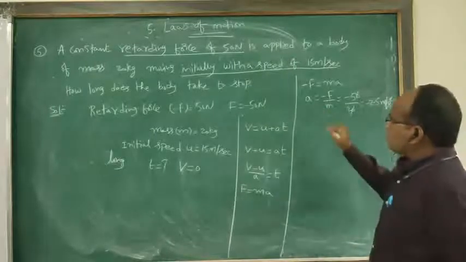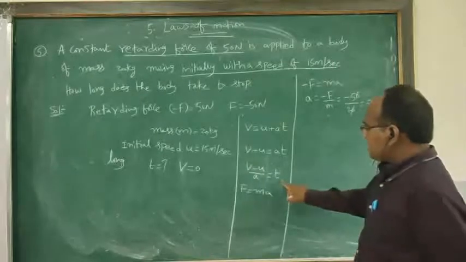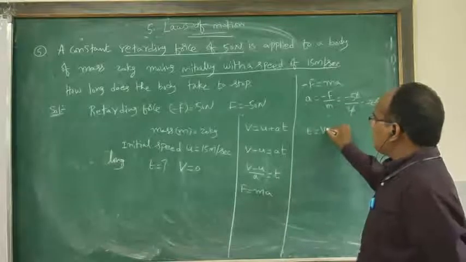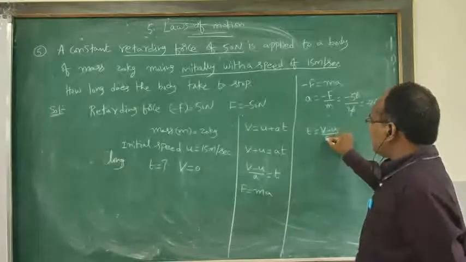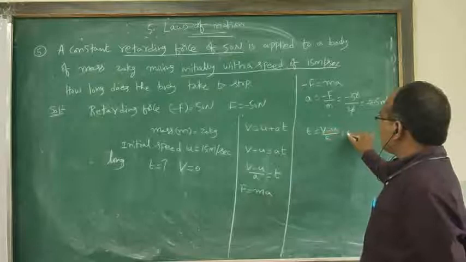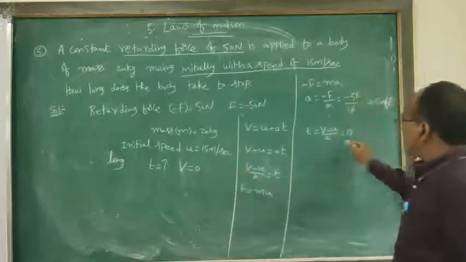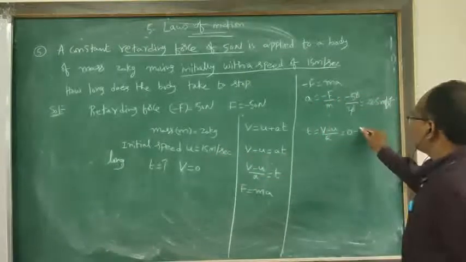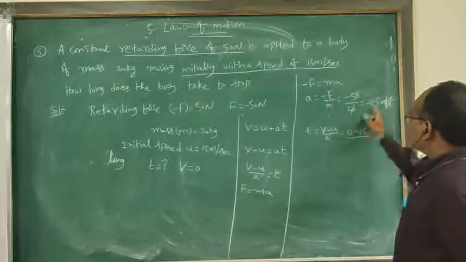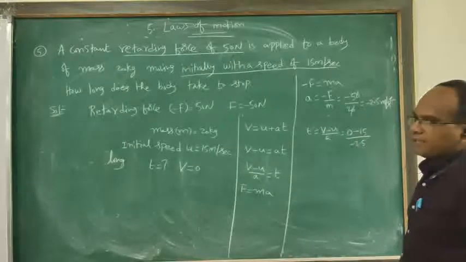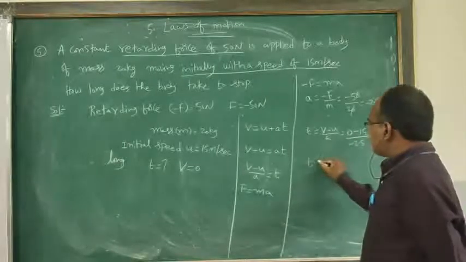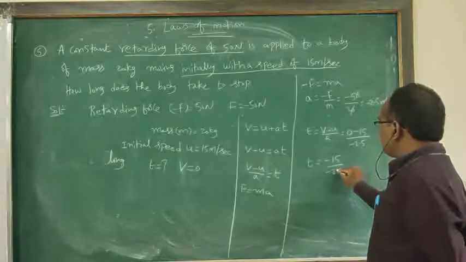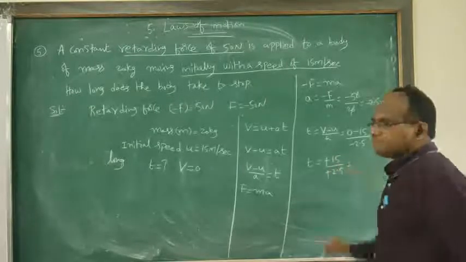Now here we got a value. So how long means time. So time is equal to v minus u divided by a. So v is 0 minus u. U is 15, divided by a, which is minus 2.5. So minus 15 divided by minus 2.5, minus minus.